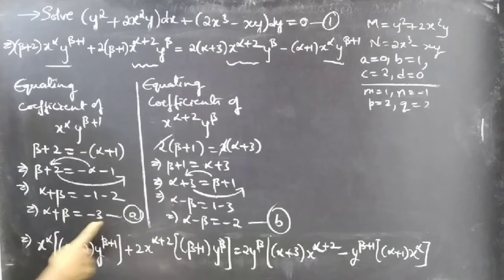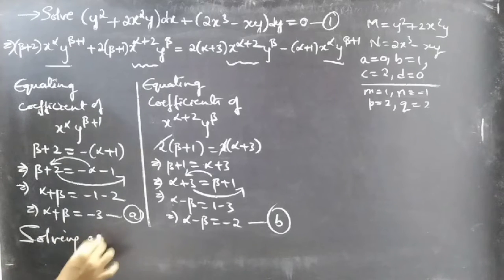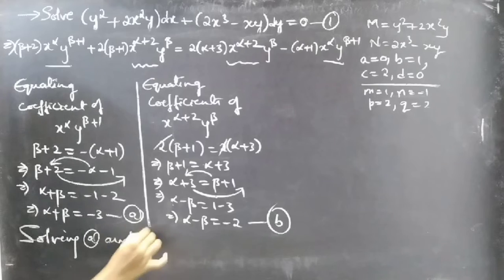Now by solving these two equations, A and B, we'll find alpha and beta, okay?